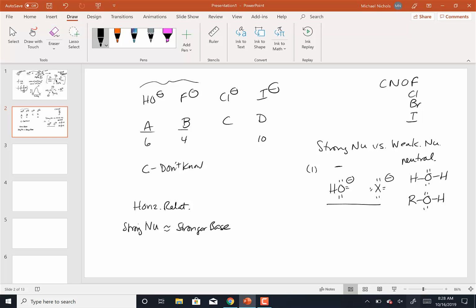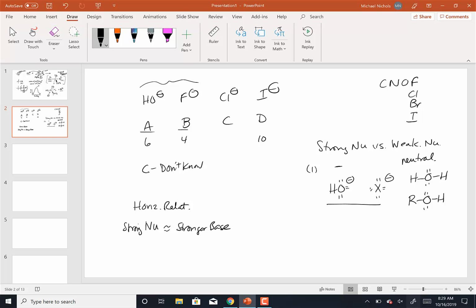Well, this is probably the source of confusion, so that's why we have to go through and say which one is a stronger base, hydroxide or fluoride. General chemistry has been a long time away, for some of you longer than others.